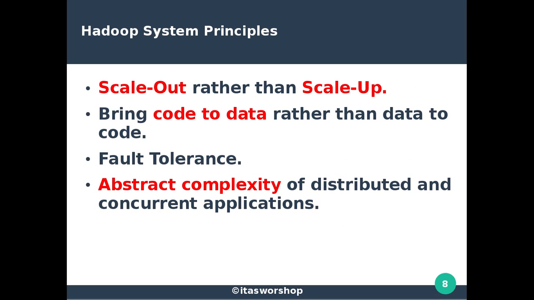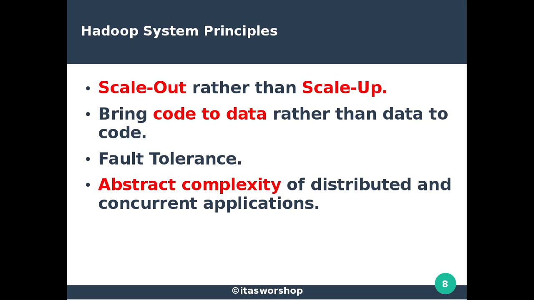Now Hadoop follows some basic principles. The first principle, we can say, is scale out rather than scale up. What is scalability, and why does Hadoop consider the scale out principle, and not the scale up principle? The second point is bringing code to data rather than data to code.